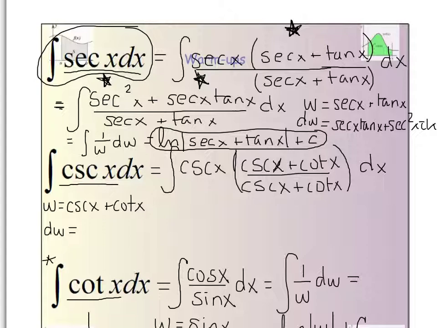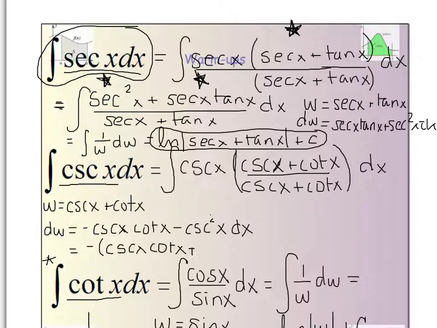That is just going to be negative cosecant x cotangent x minus, what's the derivative of cotangent? Negative cosecant squared dx. Well, that's just the opposite of what we have written in the numerator. Cosecant cotangent plus cosecant squared.